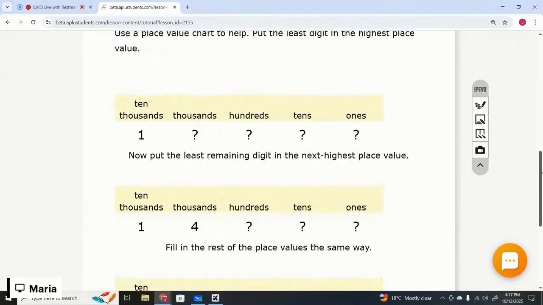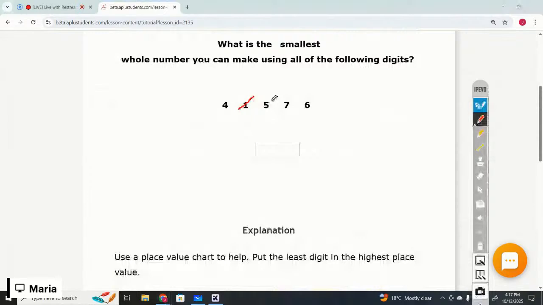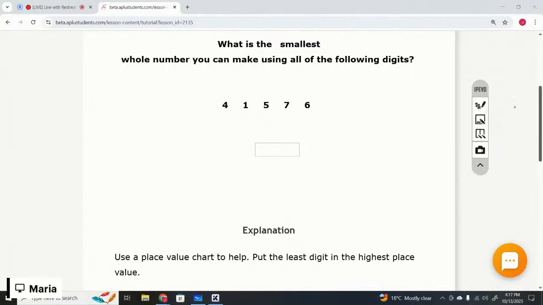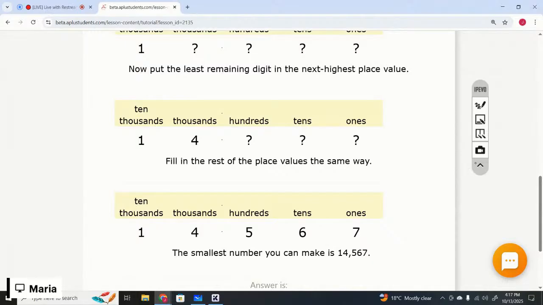And for the third number, now you do not have 1, and now you need to write again the smallest number at the hundreds place, so that is 5. Then from the rest of the two numbers, you write down the smaller number to tens place, and the greatest one is at the ones place. So the smallest number you can make using these digits is 14,567.